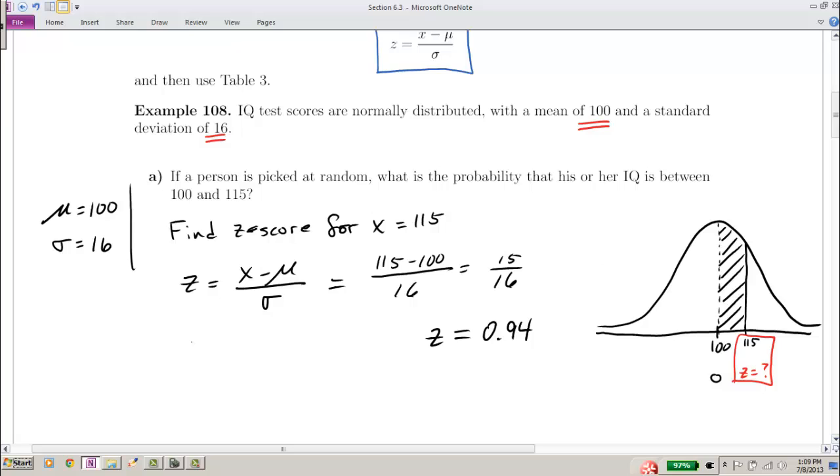So now I know that I want the area under the curve between 0 and z equals 0.94. Originally they asked us the probability that the IQ score, the x value, is between 100 and 115. This is the same as the probability that z lies between 0 and 0.94.